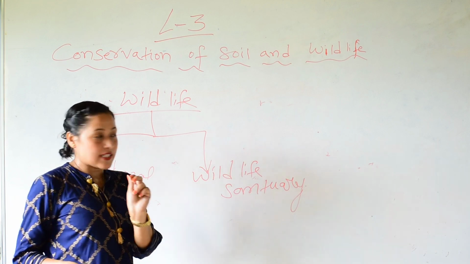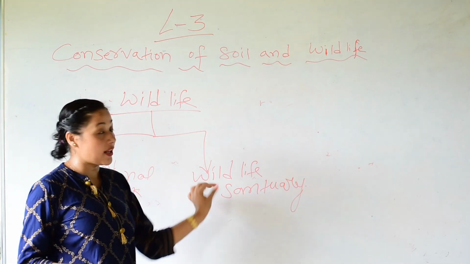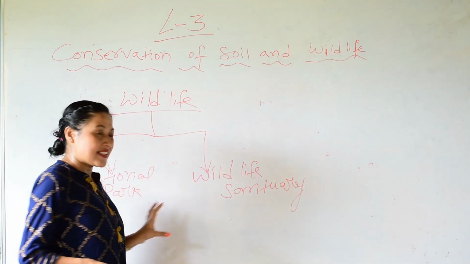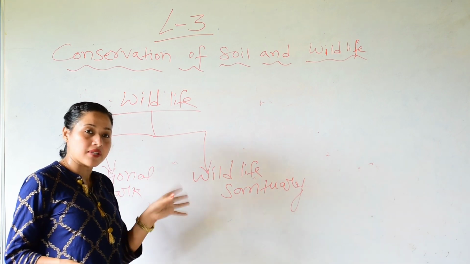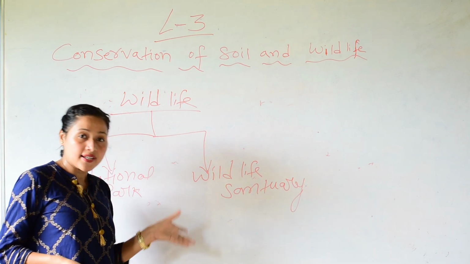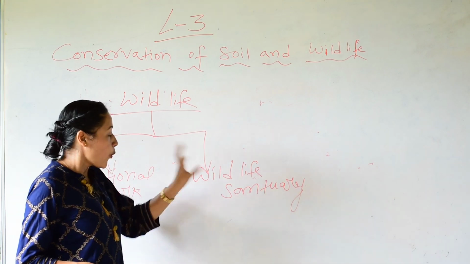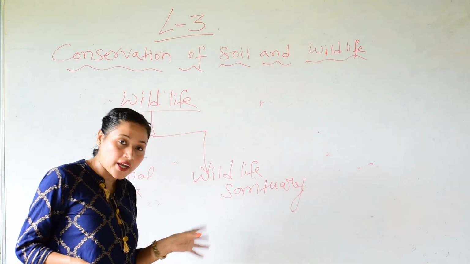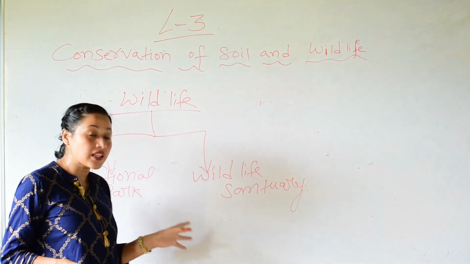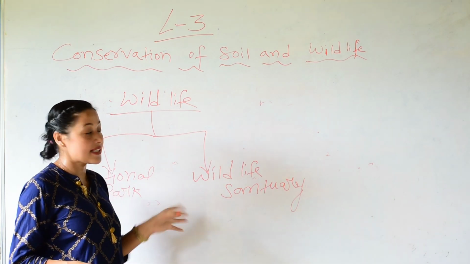There's a little difference between national park and wildlife sanctuary. National park is a reserve area where wildlife are protected, but agricultural system or grazing is allowed. Whereas wildlife sanctuary also is an area where wildlife is protected, but commercial business is allowed.